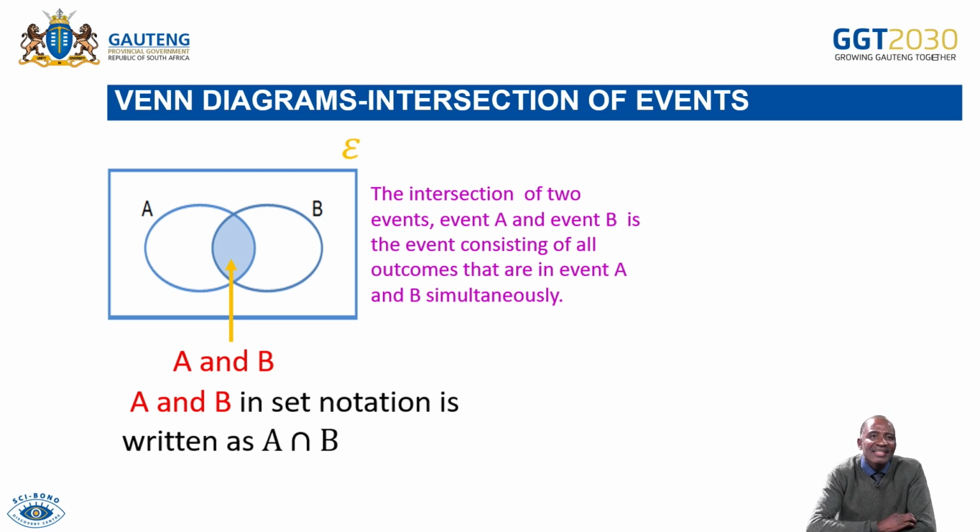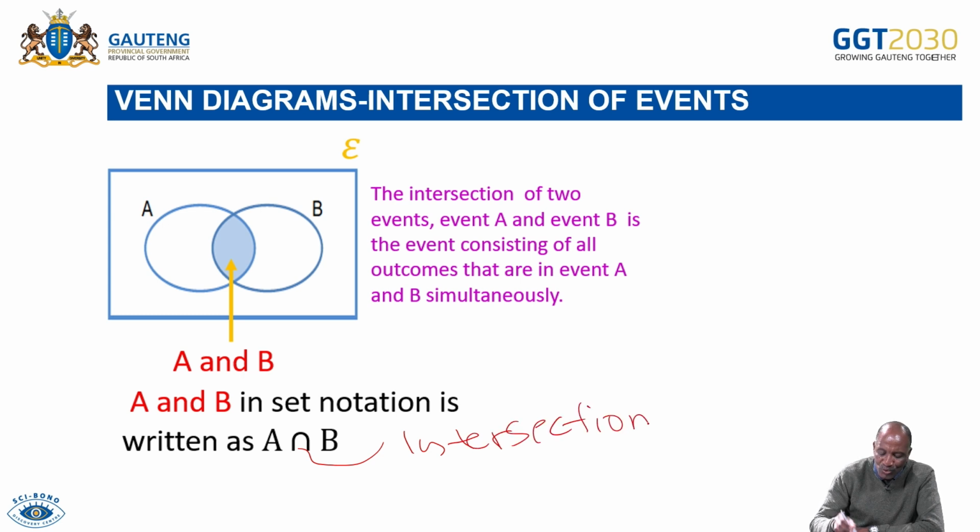So in this case, the shaded region there is called A and B. Some books, however, don't say A and B. They use a symbol. That symbol that looks like an N facing down is an intersection. This stands for the intersection of your two sets.